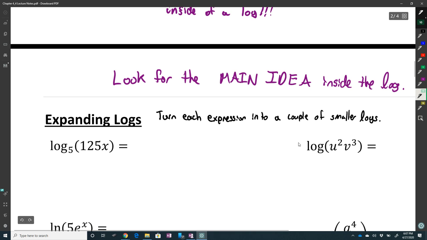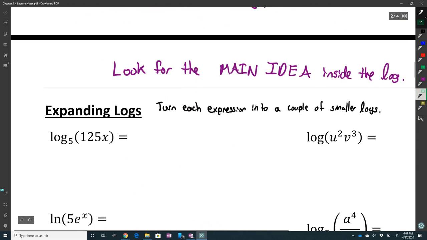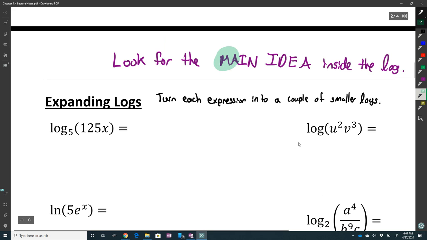So what I mean by that is there's one operation that is above all the others. If you were going to do order of operations, what's the first thing you would do?